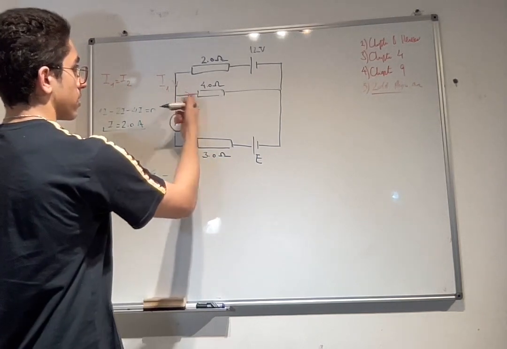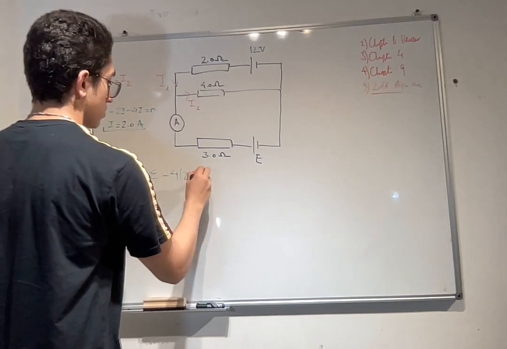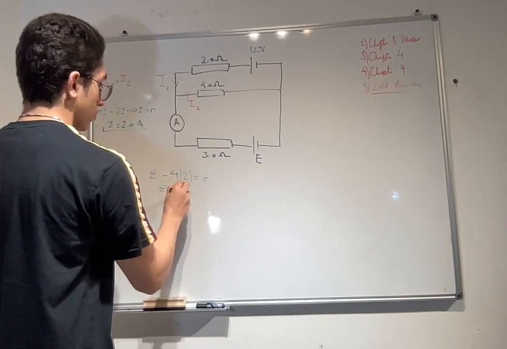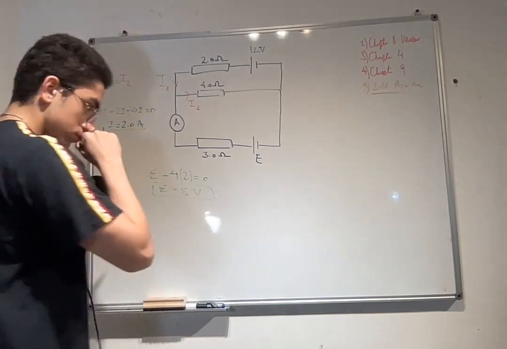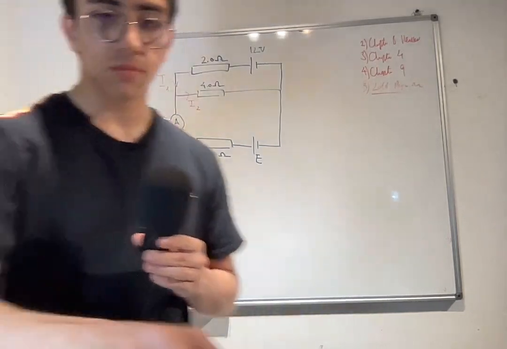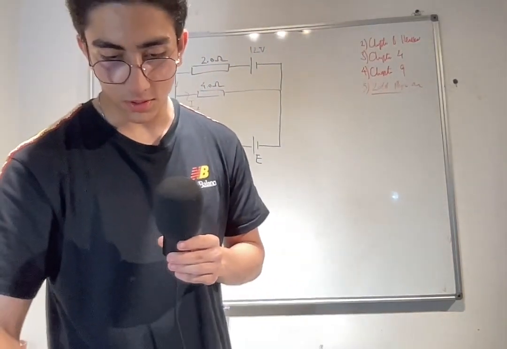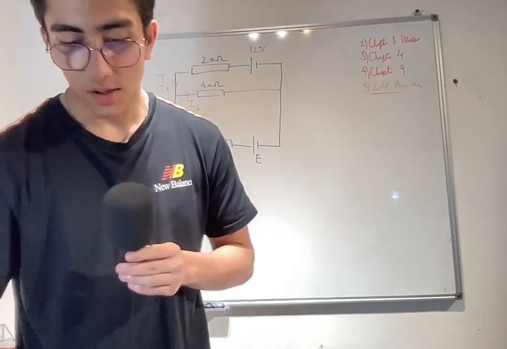We come to here, so it's 4 times 2 is equal to 0, so the emf will be equal to 8 volts. So that's it. That's how you solve it. Pretty easy. Oh wait, finally the question follows on. Let's solve this as well.